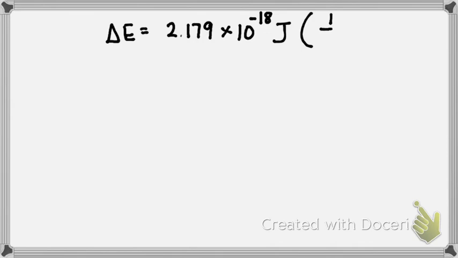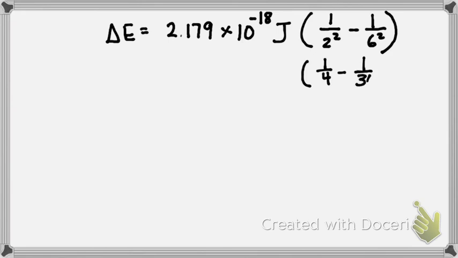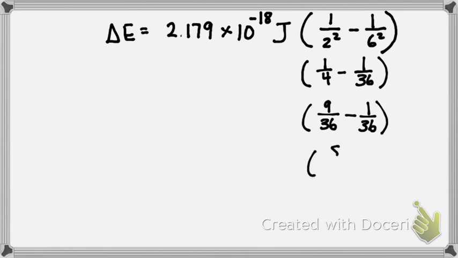And that's going to be 1 over 2 squared minus 1 over 6 squared, which is going to be 1/4 minus 1 over 36, which is 9 over 36, minus 1 over 36, which is 8 over 36.